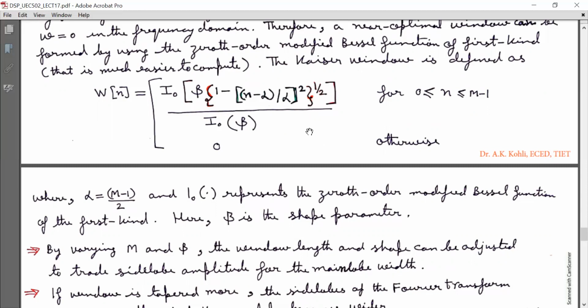The expression is a little bit complex. Here alpha is equal to (M minus 1) by 2, and I naught represents the 0th order modified Bessel function of the first kind. Here beta is the shape parameter.